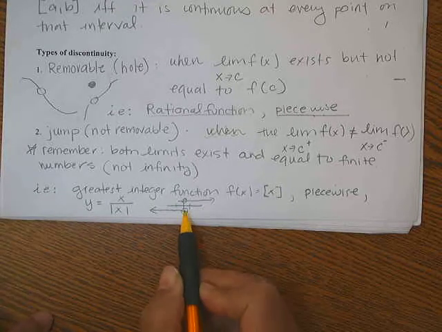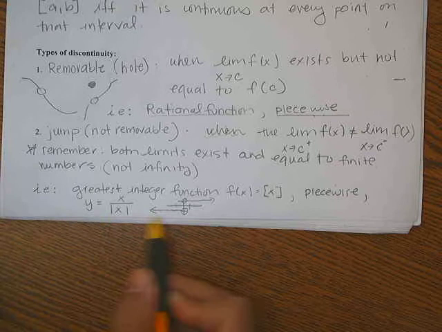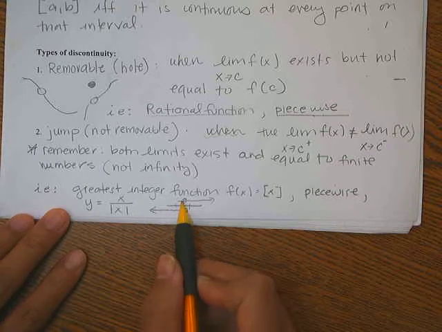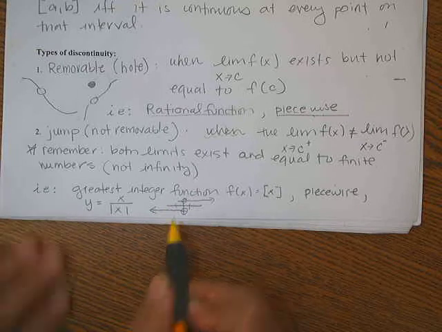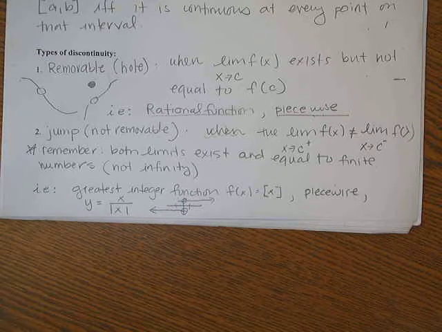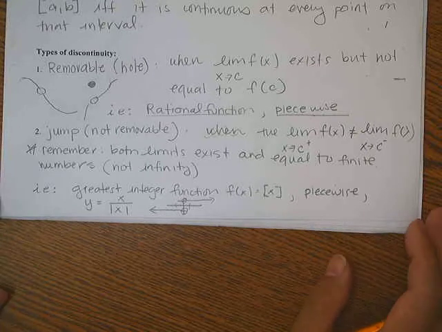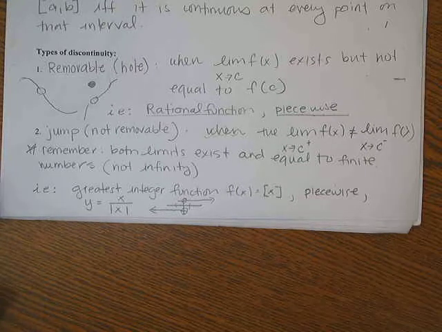So this is a function, there's no name to this, but we've seen it before. Look how it jumps. So this is not removable. And piecewise functions a lot of times jump from one piece to the next. We're going to flip over to the next page, and again, please hit pause if I am going way too fast.